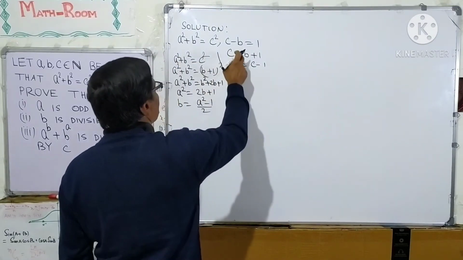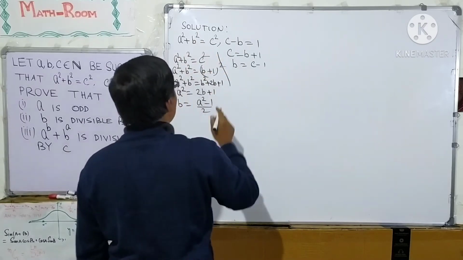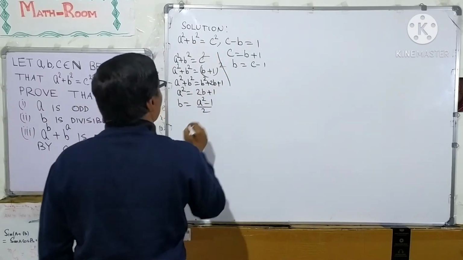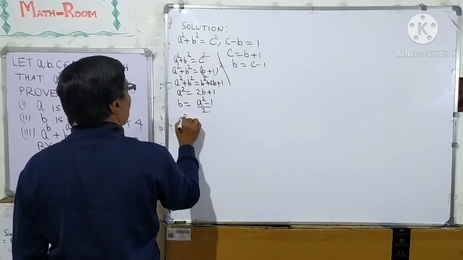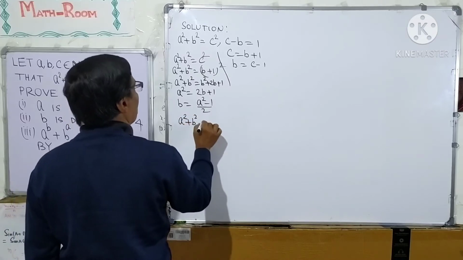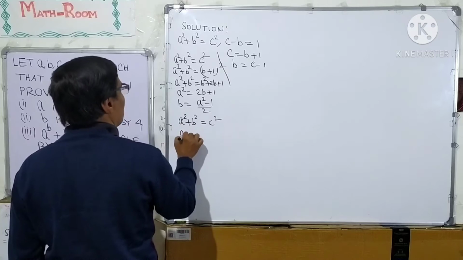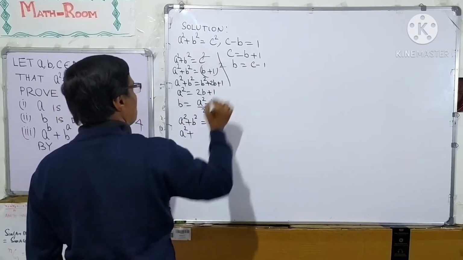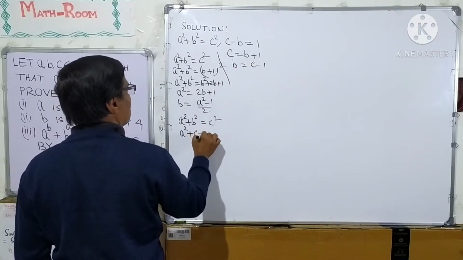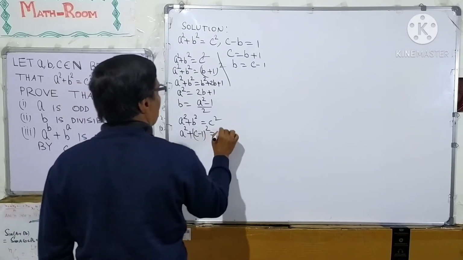Now if we put the second relation in this relation, we get a square plus c minus 1 whole square equals c square.